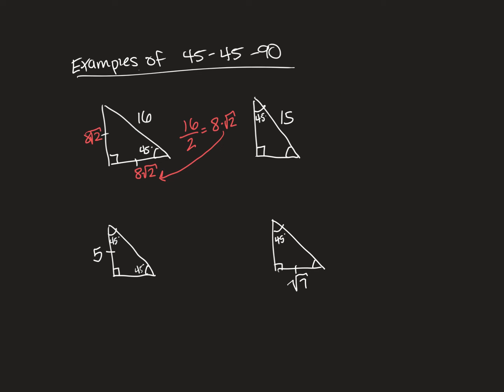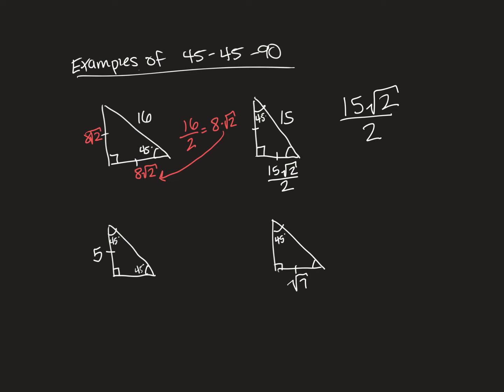So again, when you have an even number, it's very easy, straightforward. When you have an odd number, you have to do a little bit more work. Well, think about it. Technically, you're dividing 15 in half, right? And then you're multiplying it by the square root of 2. Does 2 go into 15 evenly? It doesn't. So your sides would be this, 15 times the square root of 2 divided by 2. That would be your side for both of these legs in a 45, 45, 90.